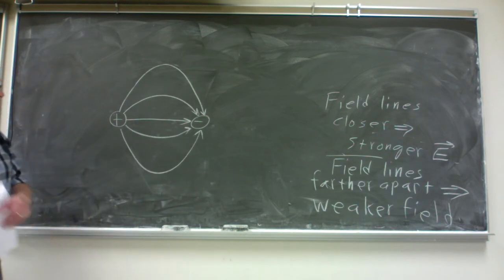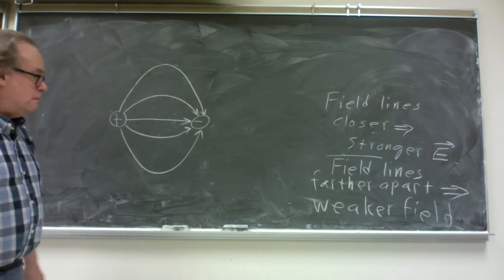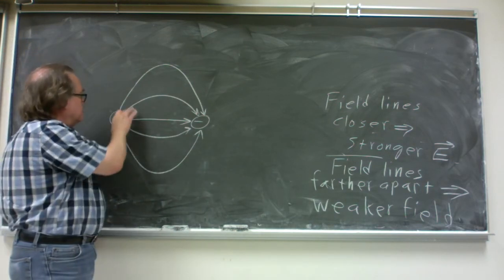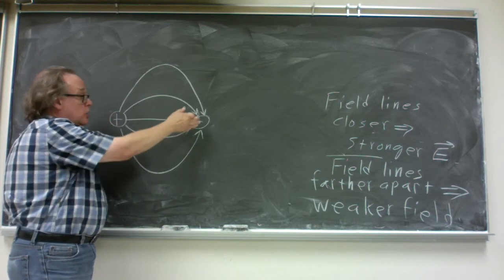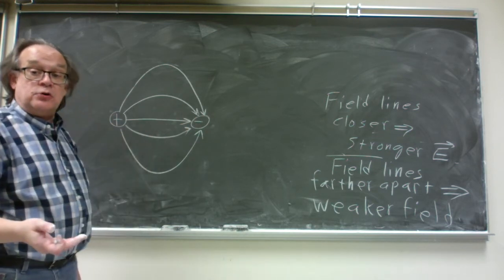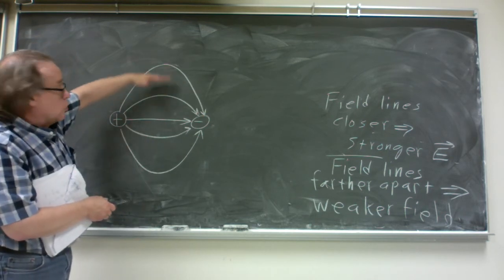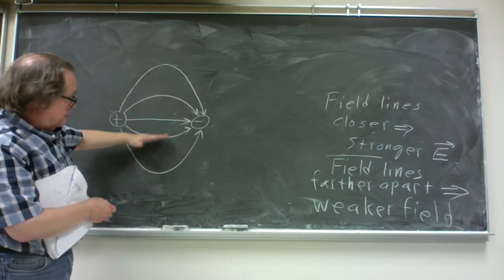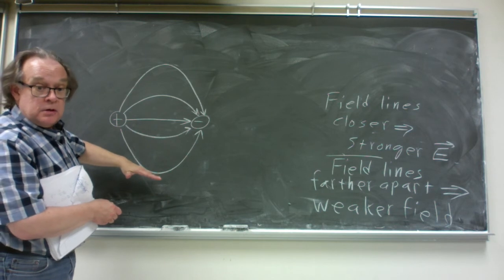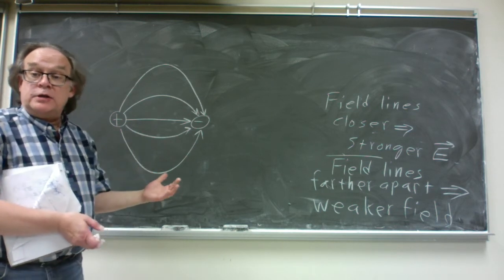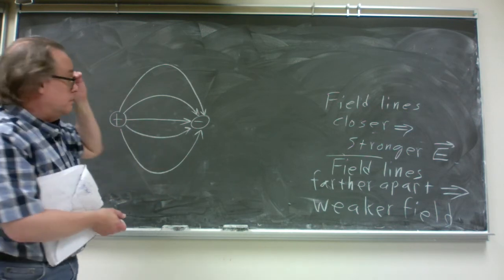So one thing we see is that, again, close to a charge, field lines are closer together, indicating a stronger field, and then farther away from charges, field lines are farther apart, indicating a weaker field.